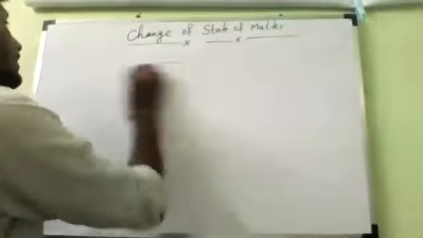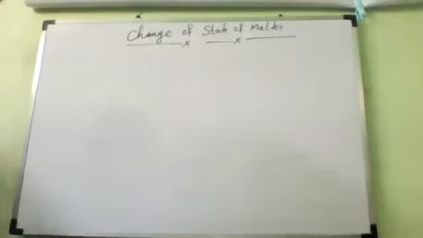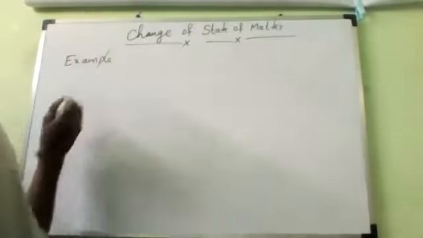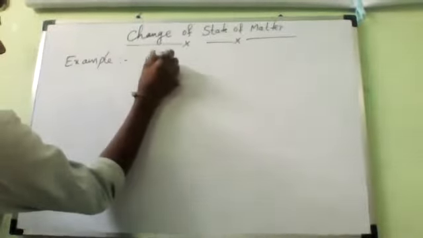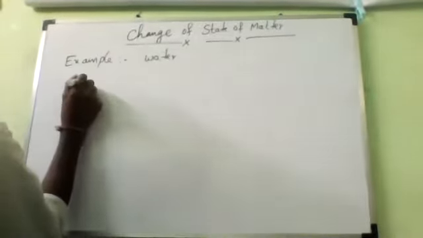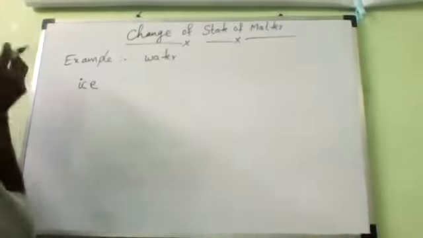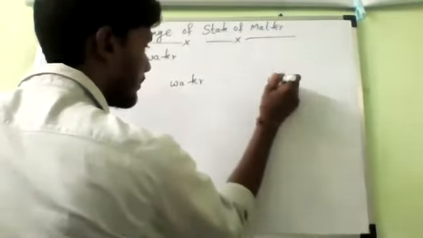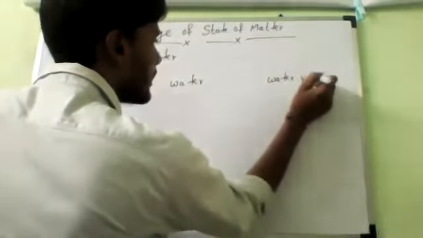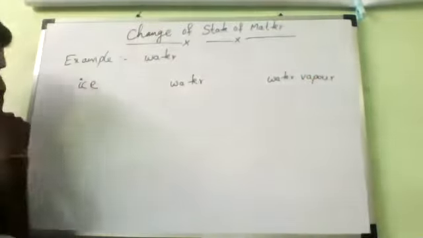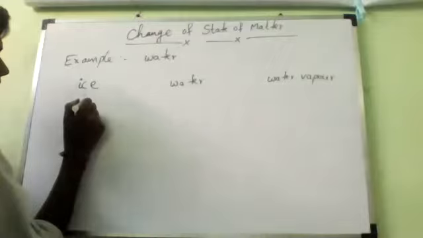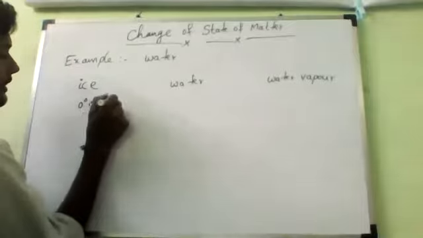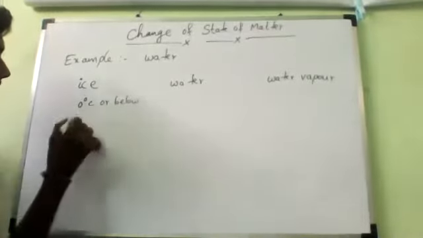Now, let us see an example. We'll write one example, water only. So you write the example: water. We take water. First, ice, water, and as well as water vapor. Ice is at 0 degrees Celsius or below, but pressure is how much?